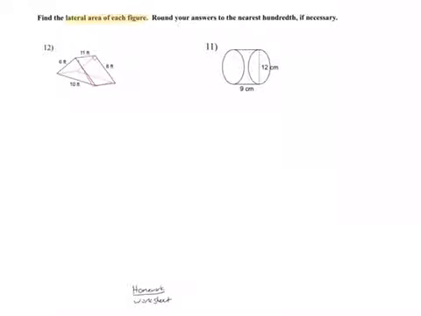The area of this rectangle is 8 times 11, so that'd be 88 feet squared. The area of this bottom rectangle is 11 by 10, which comes out to be 110 feet squared.